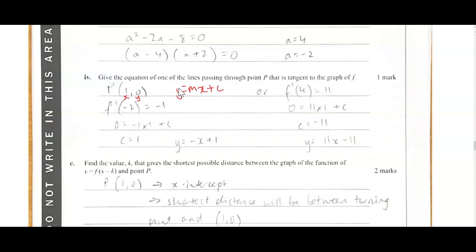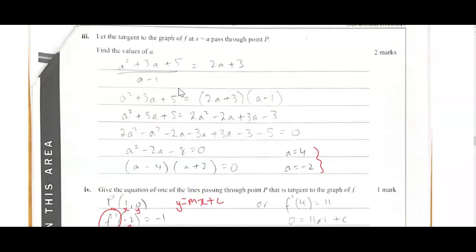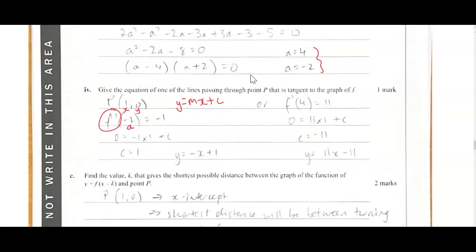So I've got my gradient function here at this value of A. Remember we found two values of A. So when I substitute -2 into my gradient function, and you could use either one, but obviously 2a plus 3 is the easier one. Remember, this is f dash A. So that's all I've done there. I've just substituted that -2 in and I get -1. So that is my gradient, m.